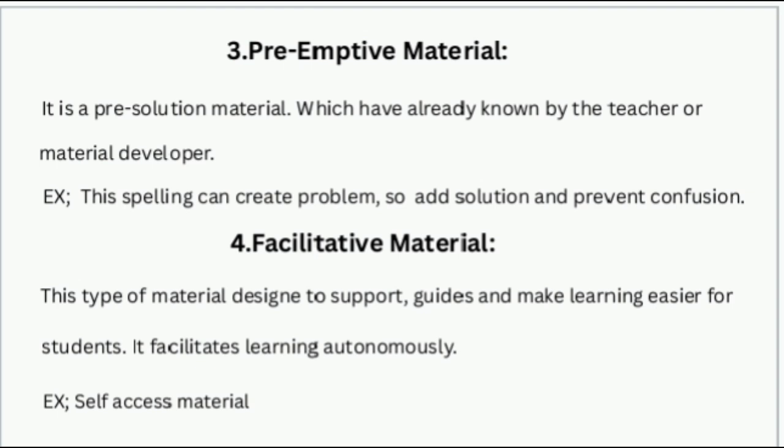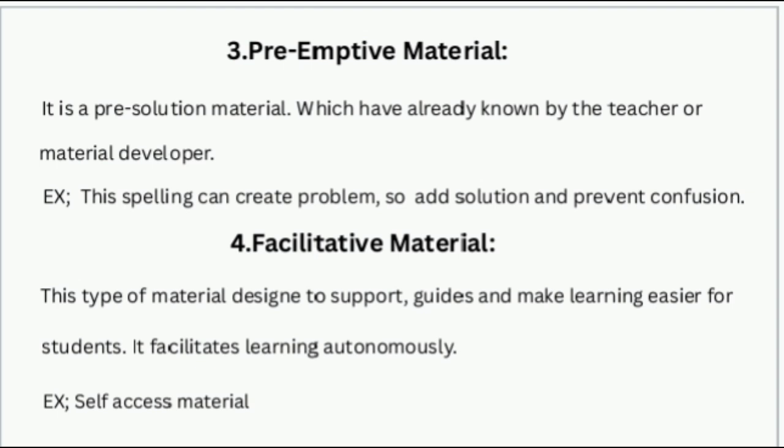We can prevent confusion of our students by giving them solutions and explanations of the problematic part. Like in English, we have many exceptions in the rules of the English language as well.